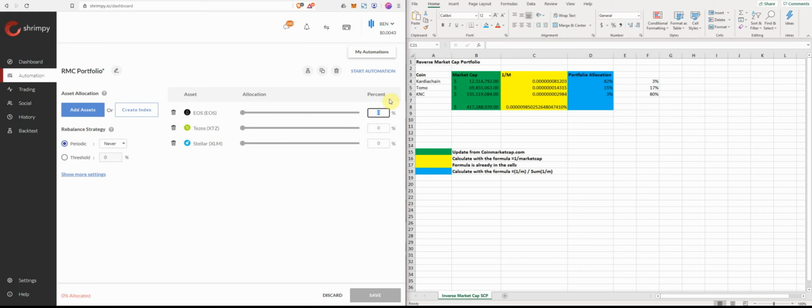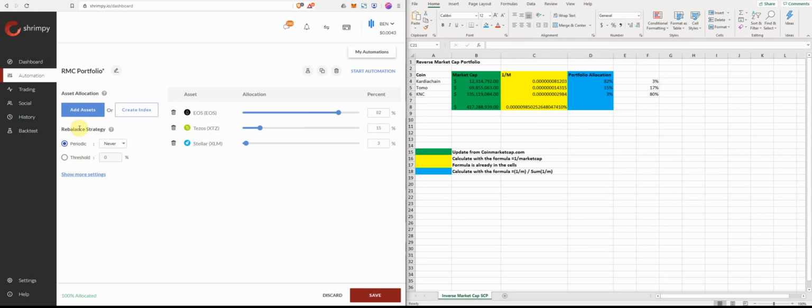All I need to do here is set these percentages based on what I have built into my spreadsheet here. So 82, 15, 3. So now you're basically telling the software you want it to allocate your holdings. You want 82% of your portfolio to be EOS, or, well, in this example, Cardia Chain.